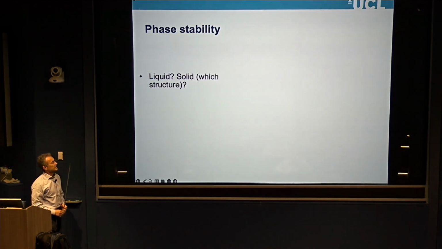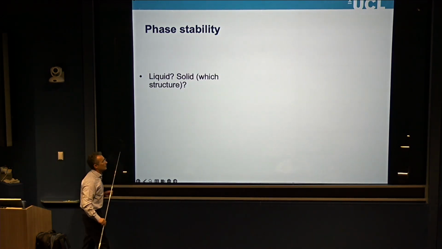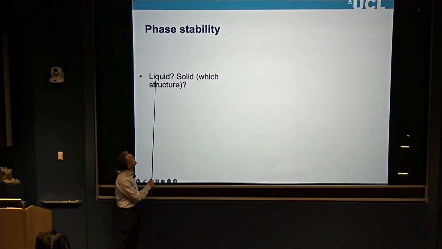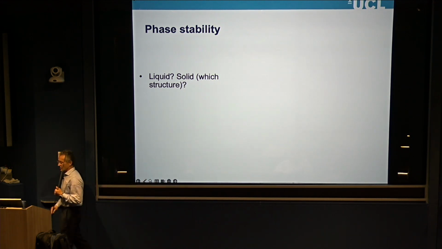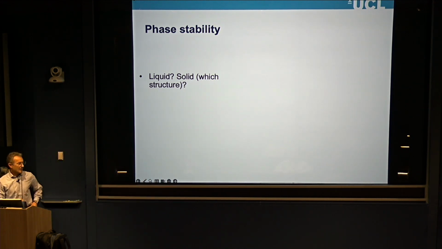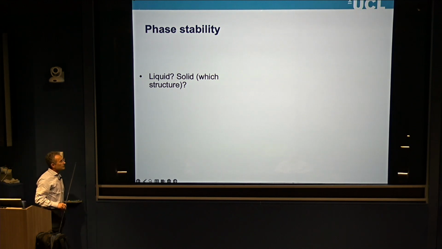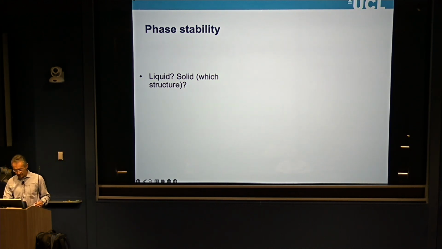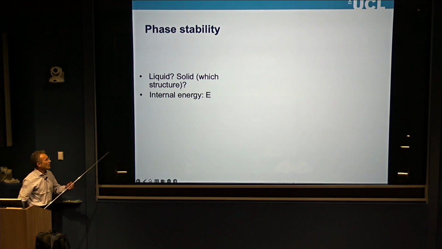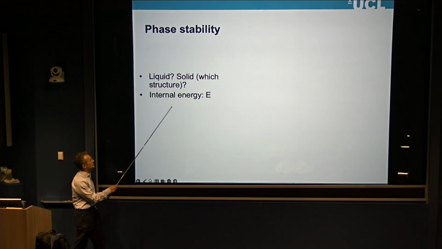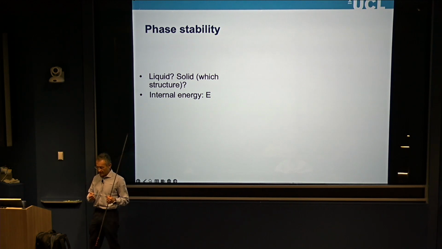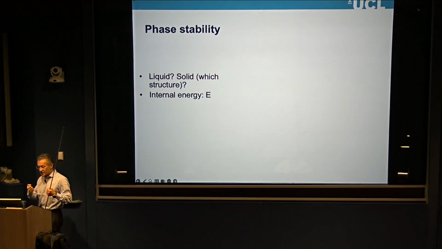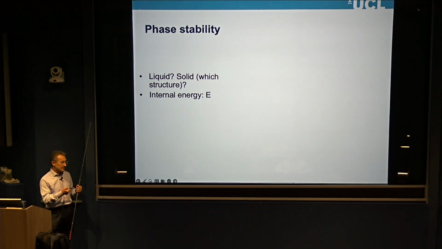But what determines the stability of a material? Is it liquid? Is it solid? And if it is solid, what is the structure of the material? There are a number of thermodynamic quantities relevant to determine the stability of materials. One of them is the average internal energy, the energy involved in the interactions between the atoms in the material.